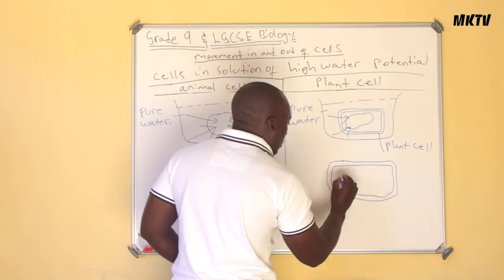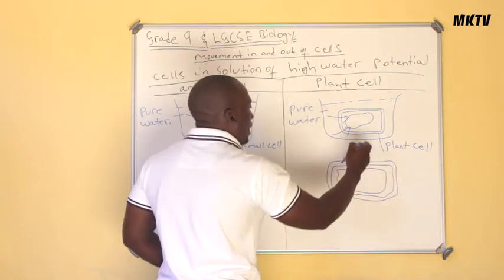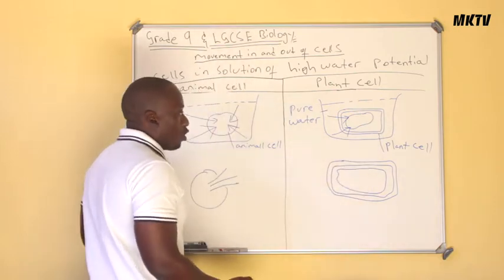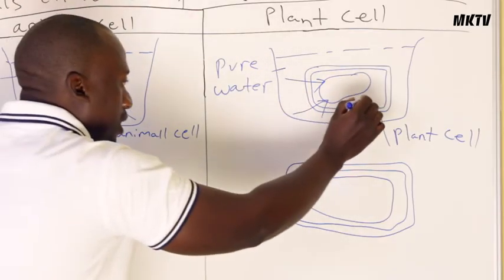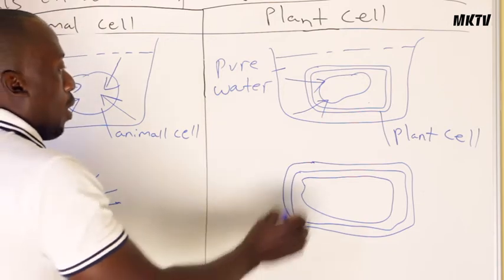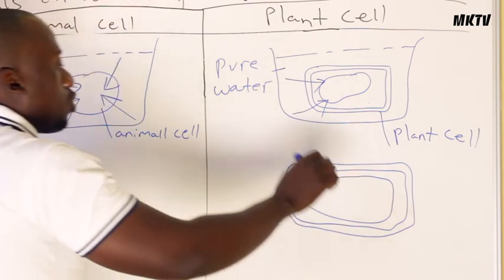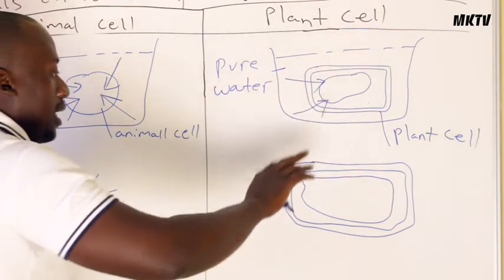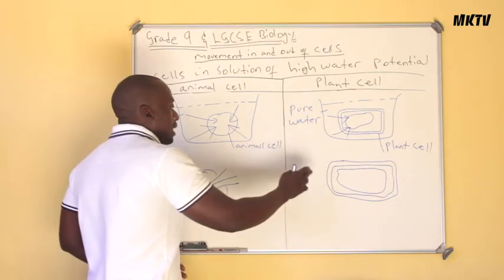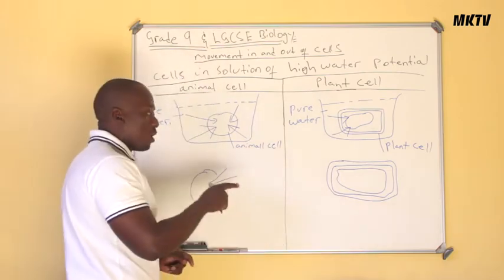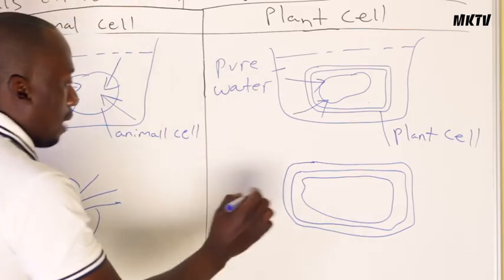And when the size of the vacuole increases, it is going to push the cytoplasm. So when the vacuole expands, it pushes the cytoplasm, and the cytoplasm is going to push the cell wall. This means the plant cell has taken in so much water, and when it has taken so much water, it becomes turgid.